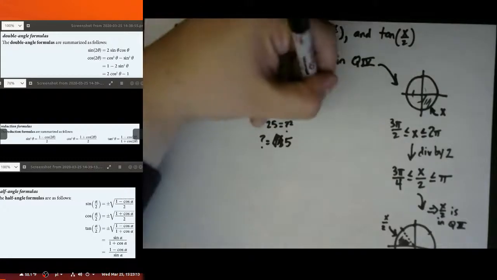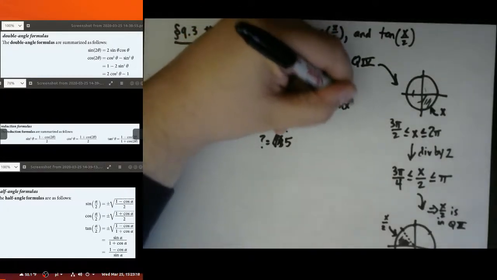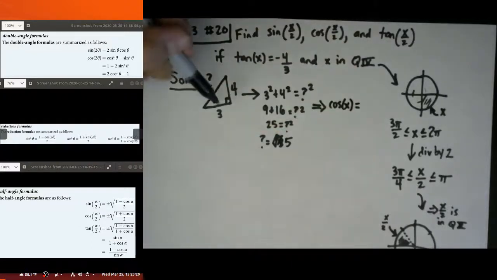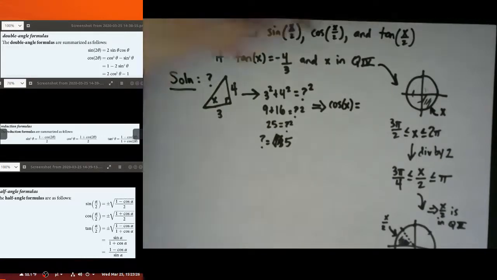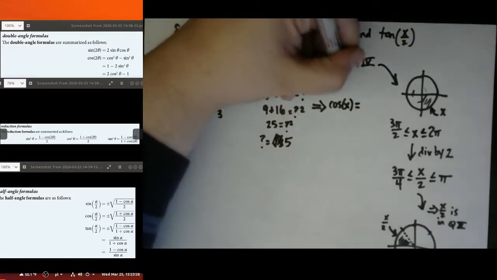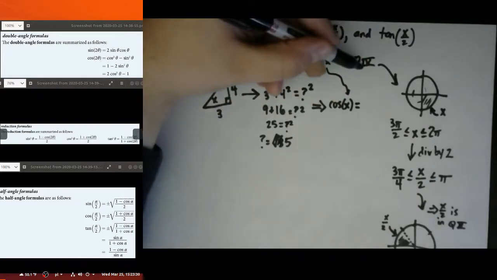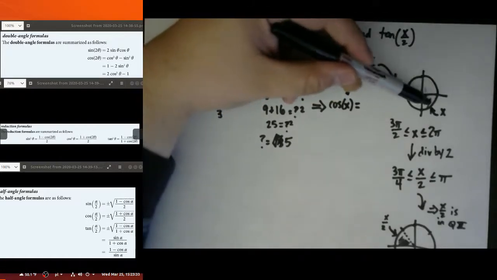So what's that tell me? That tells me that the cosine of x, being the adjacent over the hypotenuse, is 3 over 5. But is it positive or negative? Well, I'm having x here, and x is in quadrant 4. In quadrant 4, cosine is positive.